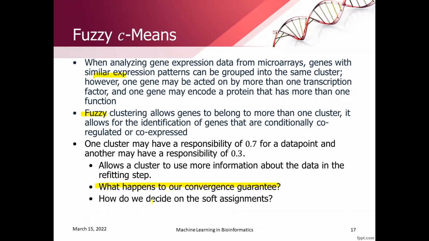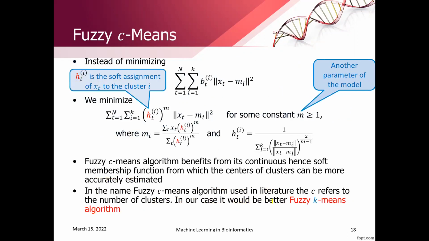But how do we decide soft assignments? If we have an observation, how do we decide that it should belong 30% to one cluster, 20% to a second cluster, and the rest to the third cluster? So this is the idea. Originally for k-means, we minimized the sum of square distances between the observation x_t and its representative.